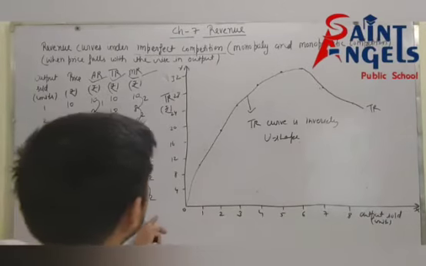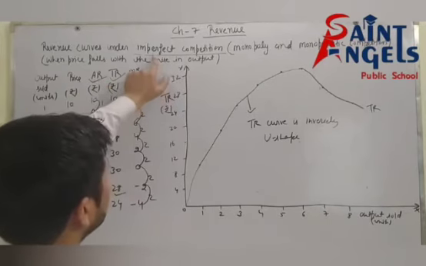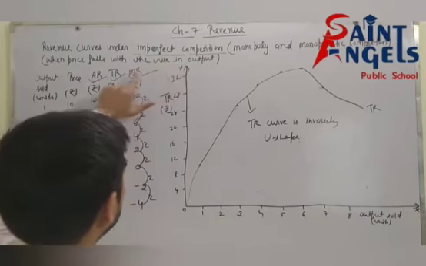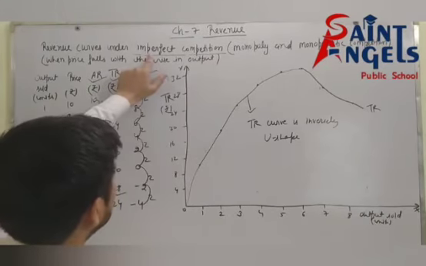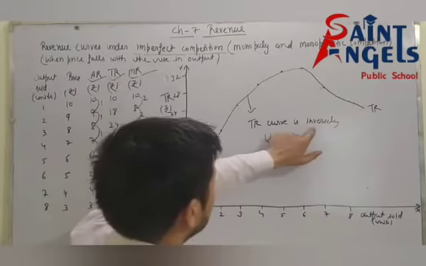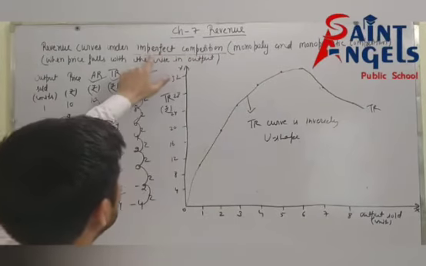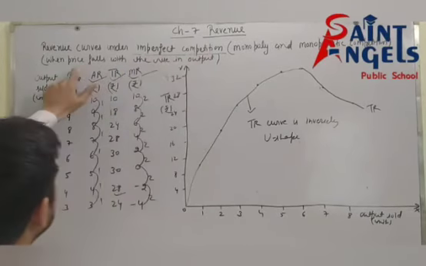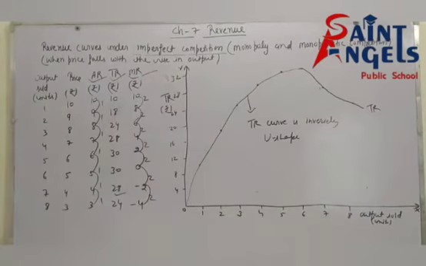So please remember, the AR curve is downward sloping in an imperfect competition market, the MR curve is downward sloping in an imperfect competition market, and the TR curve is inversely U-shaped in an imperfect competition market. Imperfect competition is a market in which price falls with rising output.